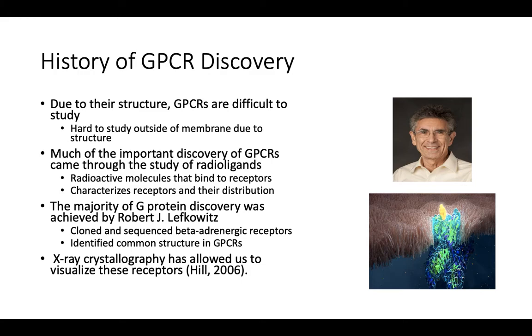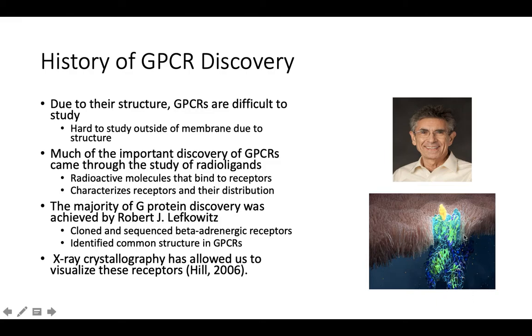One of the most important parts of learning about GPCRs is learning about their discovery. For a while we didn't really know a lot about GPCRs because they were really hard to isolate. This was due to their structure, which I'm going to go into in a second, but you can see it here in this picture.